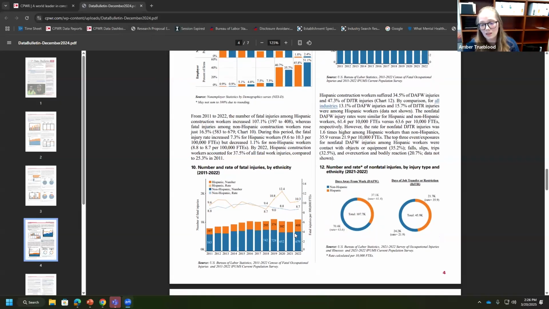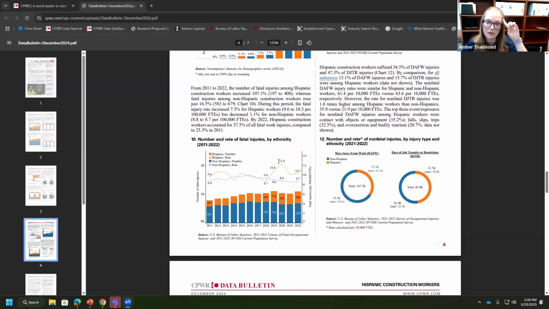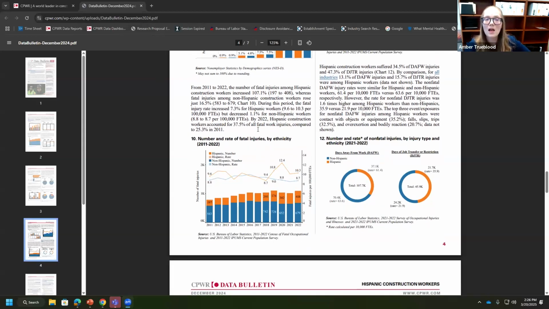You can see clearly on our fatal injuries here, I apologize, fatal injuries. This is from our December 2024 data bulletin looking specifically at Hispanic construction workers. A majority of actual injuries by count occur among non-Hispanic workers.